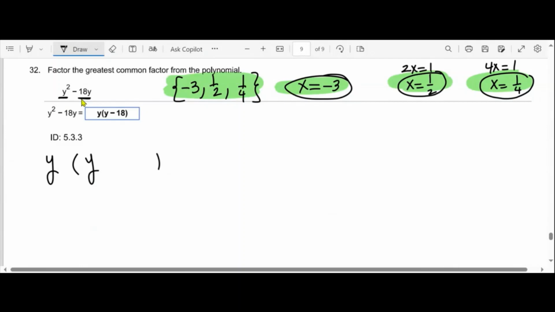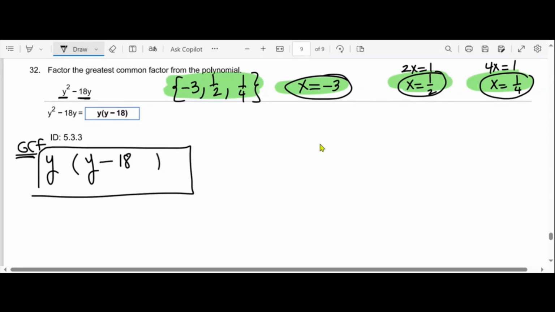Do we have a common y? Yeah. So we take the greatest common factor y. What's left, ya Muhammad? y minus 18. That's it. We cannot factor anymore. Easy.